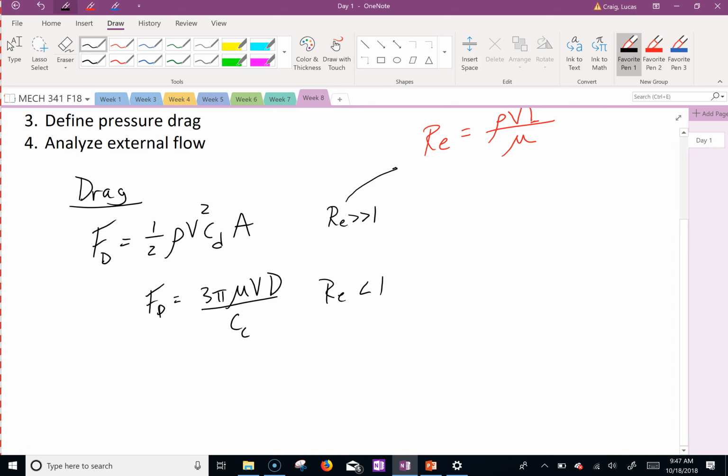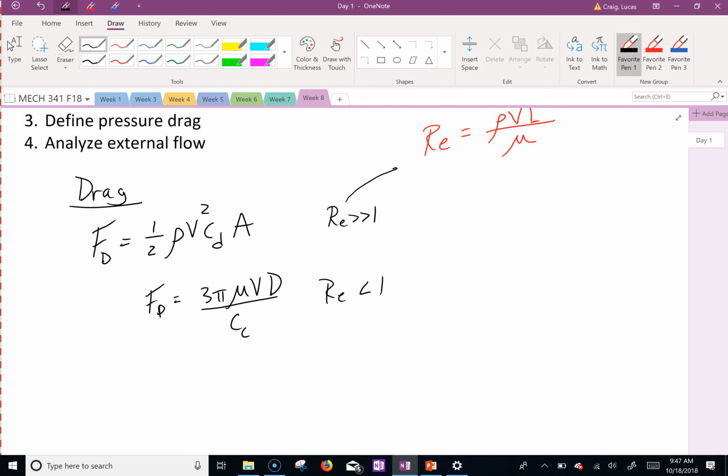So this drag force is primarily due to viscous effects. The top one, if you notice, is due to inertia or kinetic energy. So 3 pi mu velocity times diameter, usually some sort of characteristic diameter.